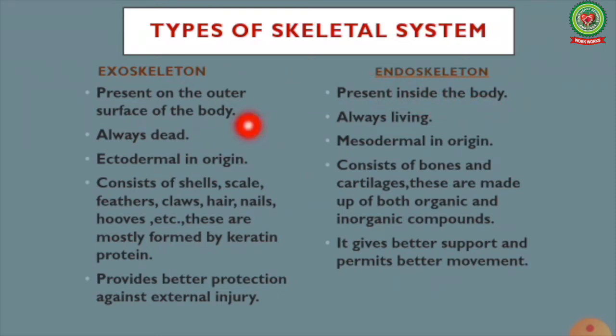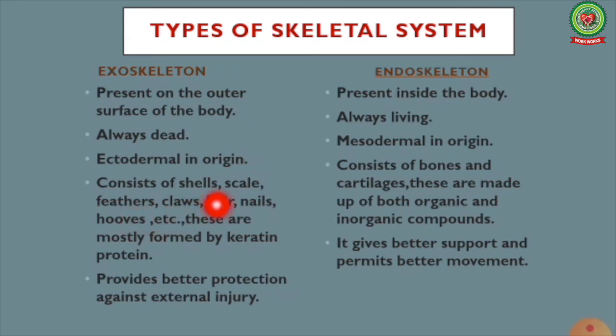All the hard parts which are present on the outer surface of the body collectively constitute the exoskeleton. So, the first point is, present on the outer surface of the body. Exoskeleton is always dead and ectodermal in origin.